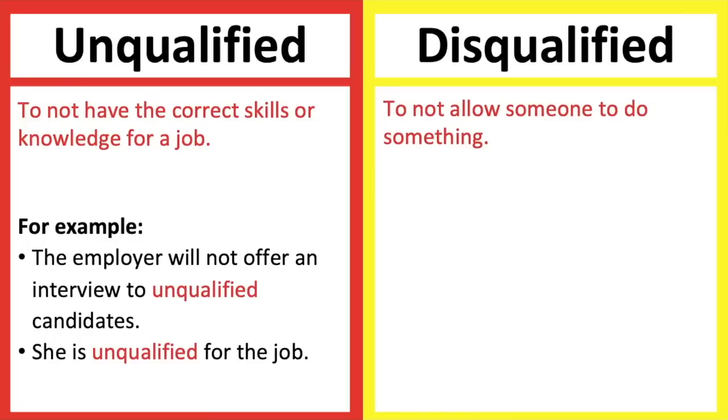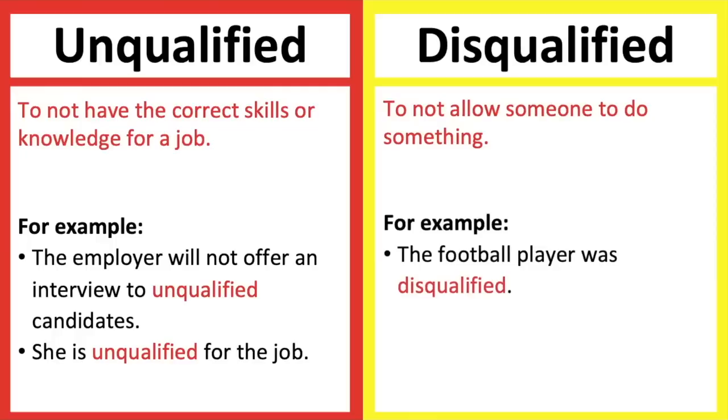For example, if a football player is disqualified, then he did something which was wrong, and this resulted in his disqualification. For example, the footballer was disqualified. Another example is if someone drives dangerously fast, then they can be disqualified from driving. For example, she was disqualified from driving.